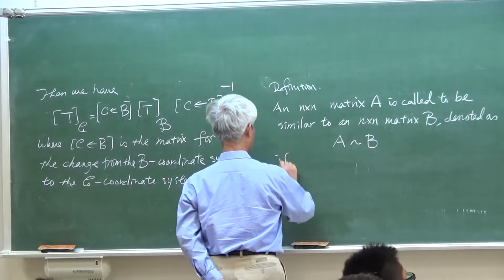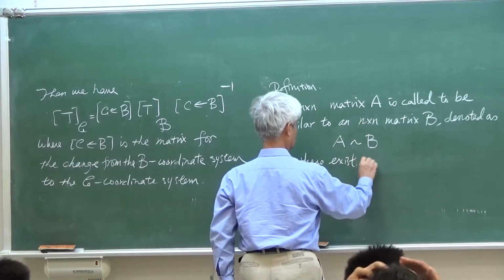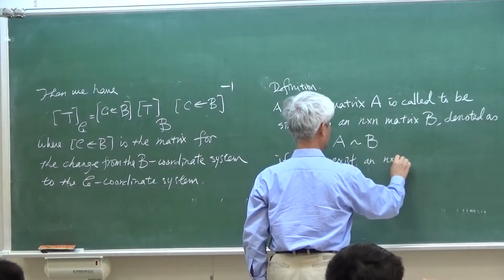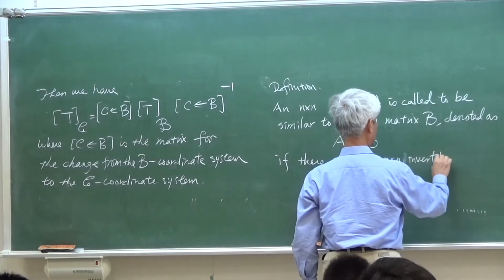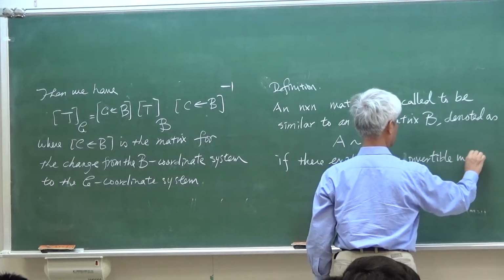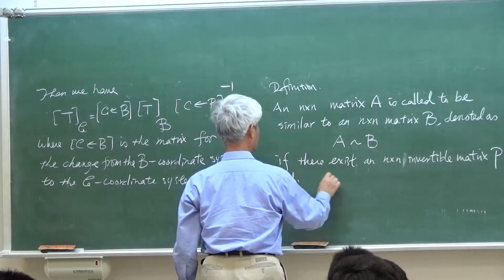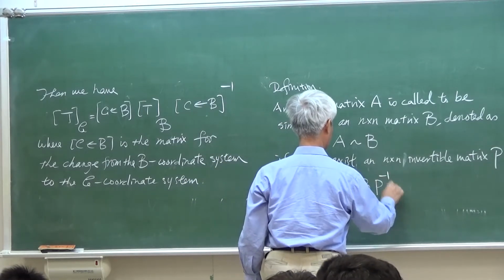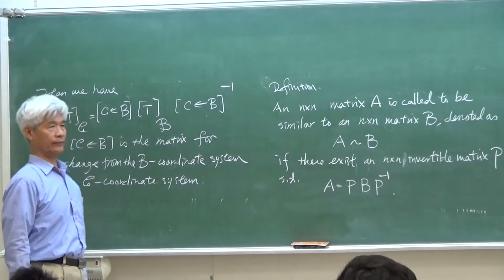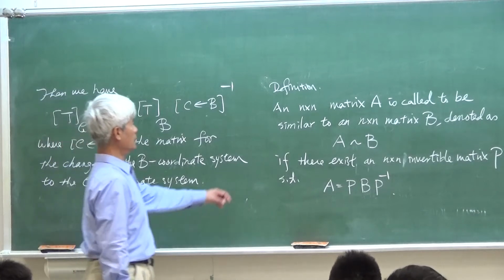if there exists an n times n invertible matrix P such that A is equal to P B P inverse. That is the definition.